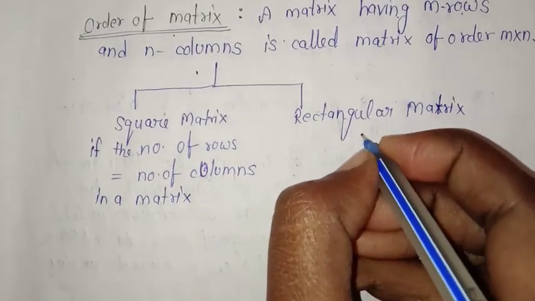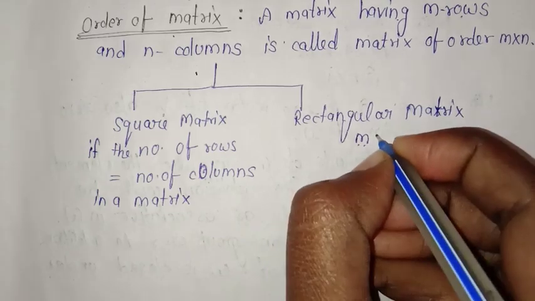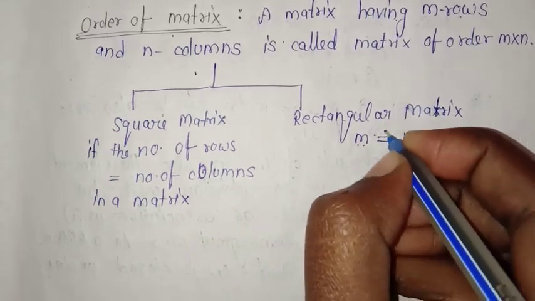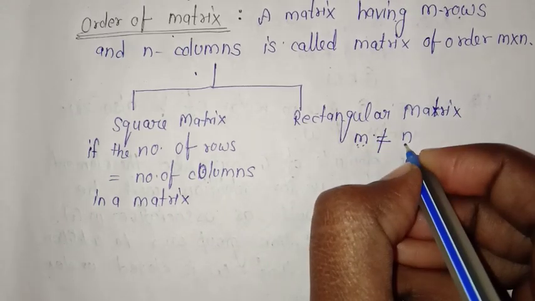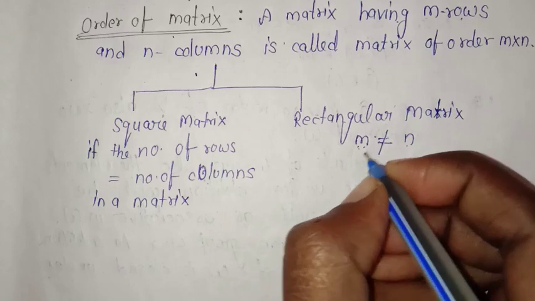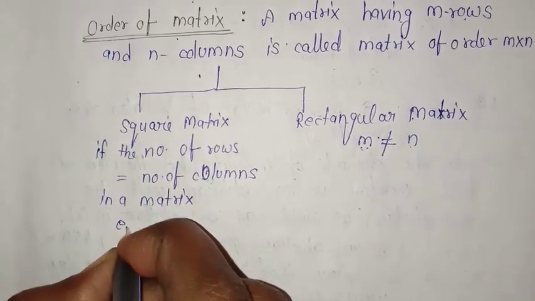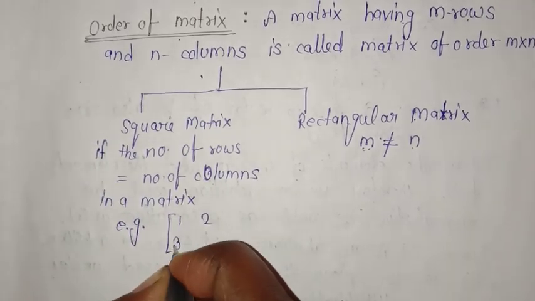And if the number of rows is m and the number of columns is n, and m is not equal to n, that is, the number of rows is not equal to the number of columns, then we call that matrix a rectangular matrix. And I will take some examples. For example, if I take this matrix 1, 2, 3, 4.